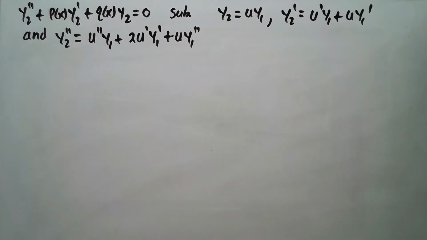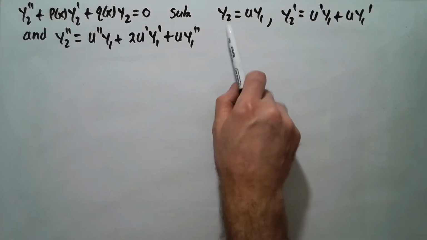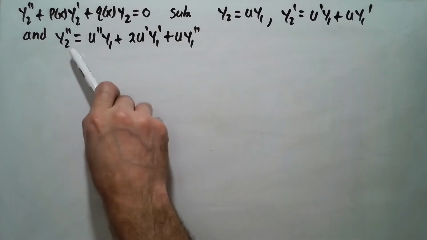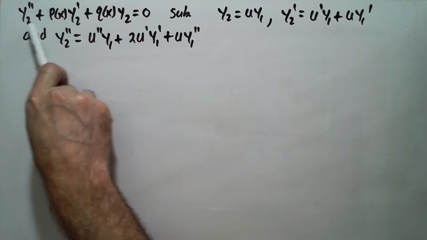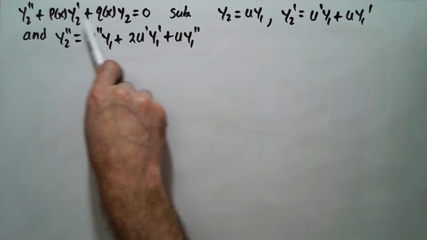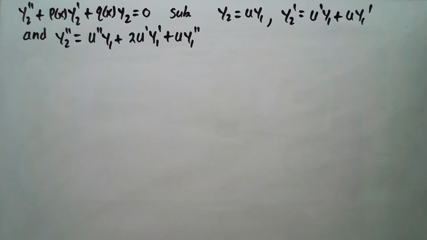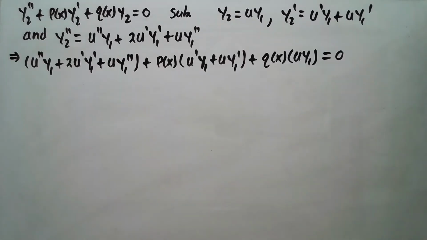Okay, so summarizing, we have this, and here's our y2, y2 prime, y2 double prime. Let's substitute these values in place of y2 double prime, y2 prime, y2 here. So making the substitutions then, we get this.